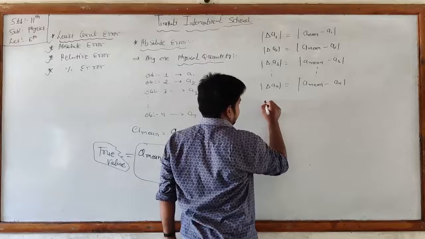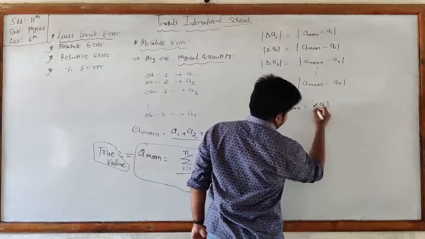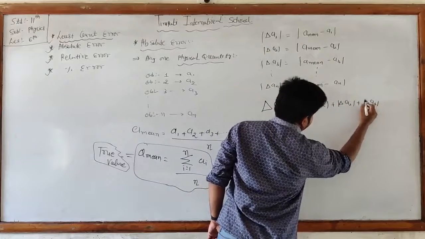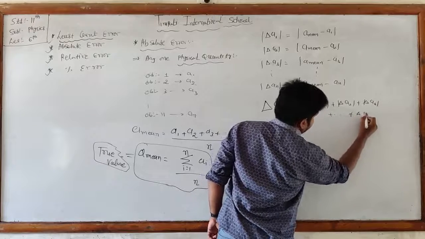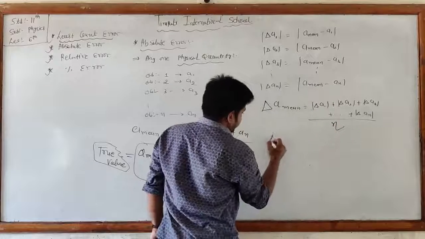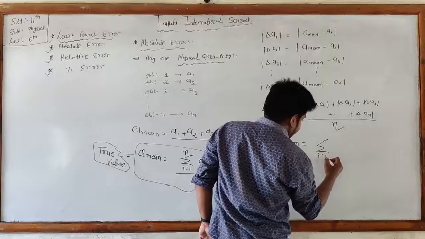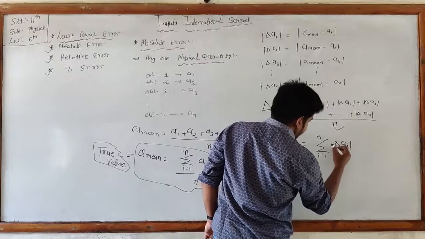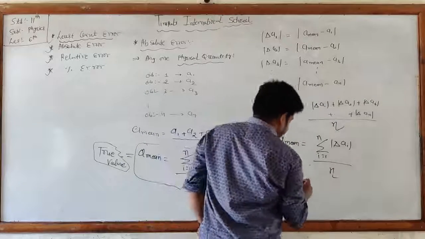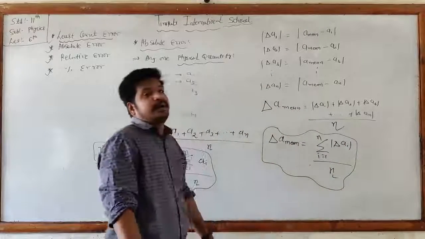So it is known as delta A mean, which is equal to delta A1 plus delta A2 plus delta A3 and so on plus delta An, divided by the total number of observations. So you will get delta A mean is equal to summation i from 1 to n of delta Ai upon the total number of observations. So this is the absolute error.